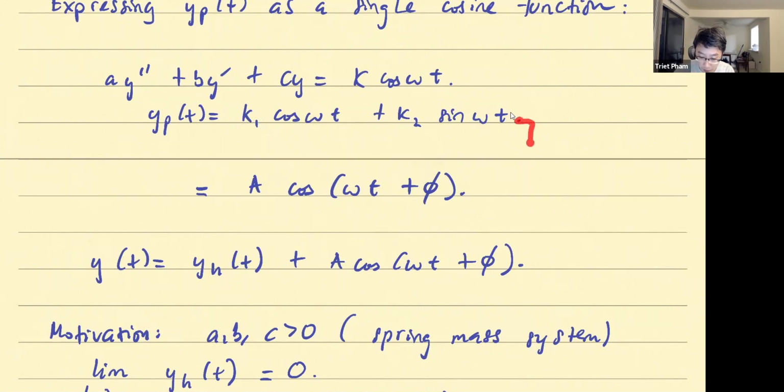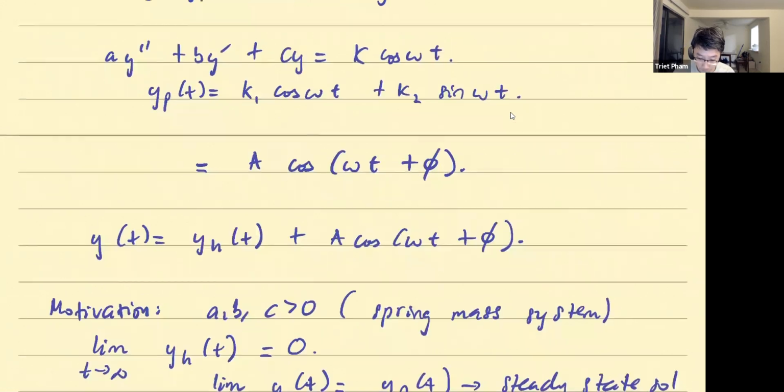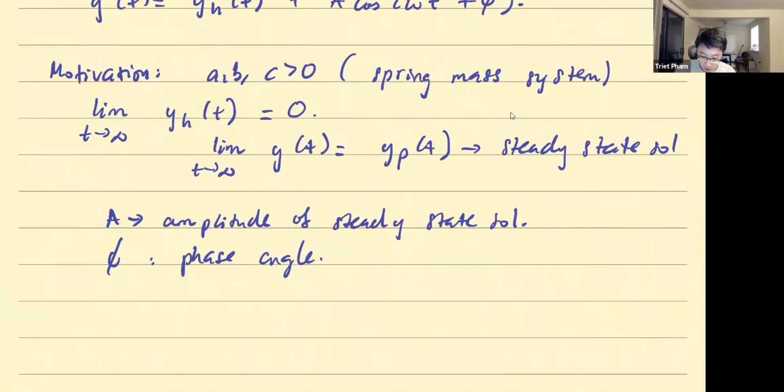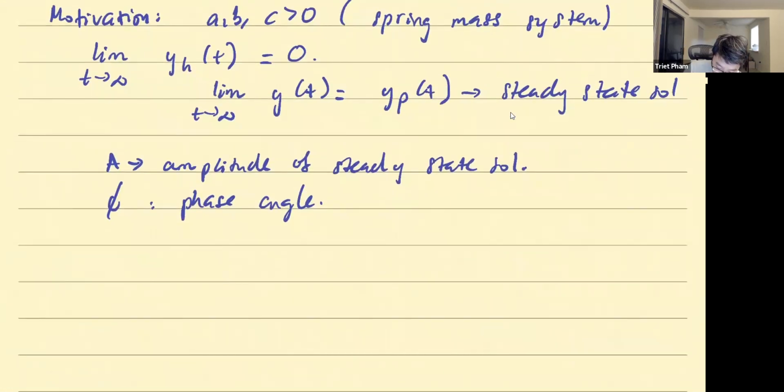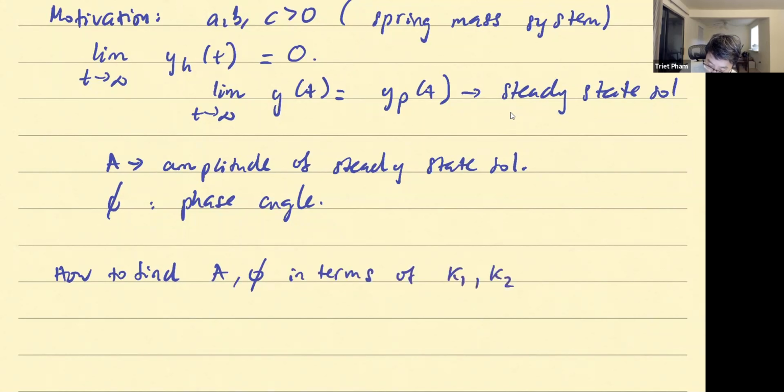Now, of course, then goes the technical question of how to do so: how to find A and phi in terms of K1, K2, and omega.